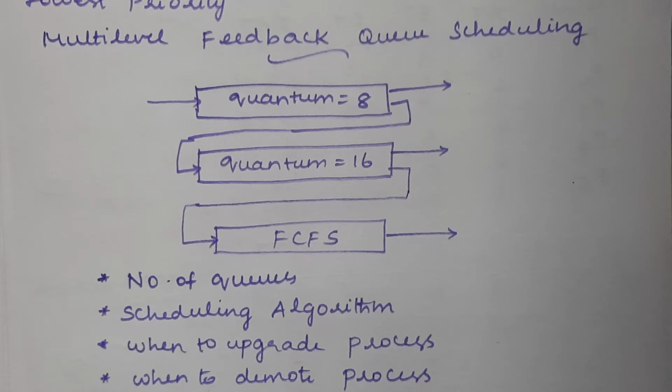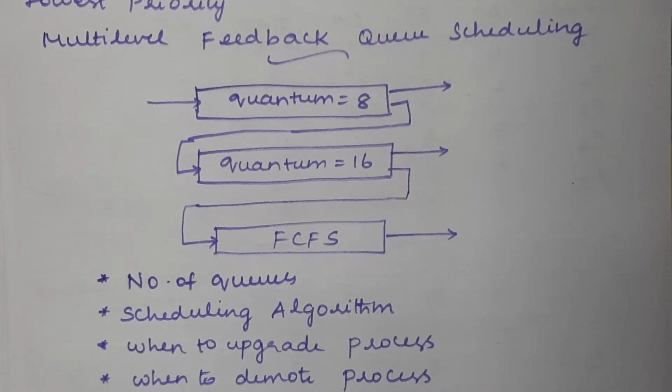Now we get a drawback in case of multi-level queue scheduling, that is starvation. Starvation is nothing but that we are concentrating only on the higher priority jobs, so low priority jobs do not get scheduled even for a very long time.